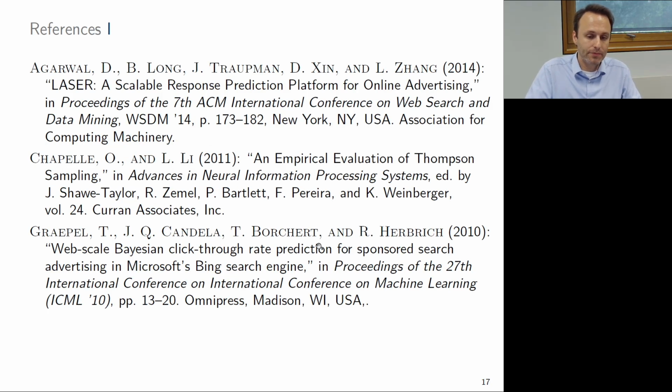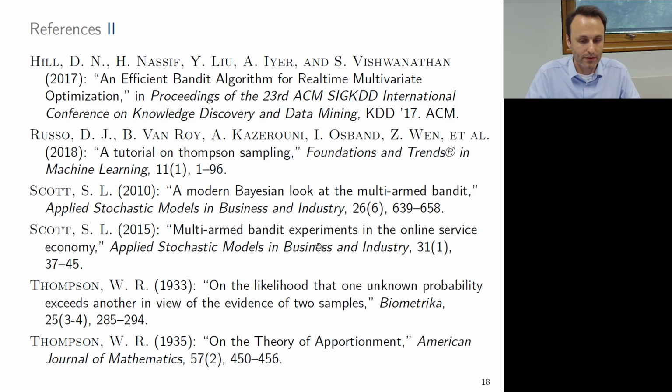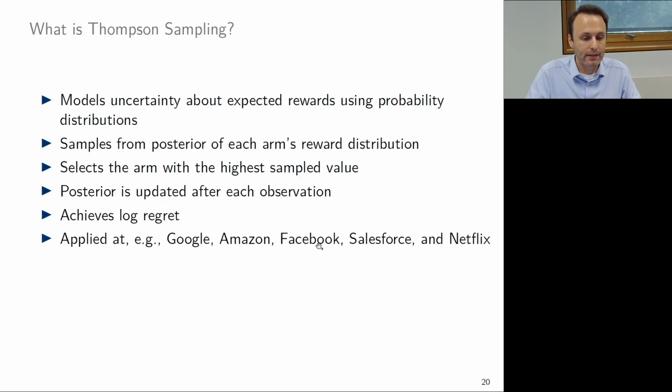Now here are some references if you want to dive into some practical applications as well with Thompson sampling. Let's just summarize what we have learned about Thompson sampling. Thompson sampling models uncertainty, the whole distribution, not only the expectation or the expectation and upper bound.